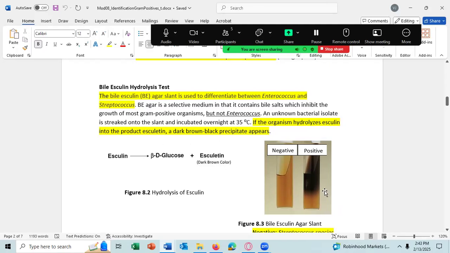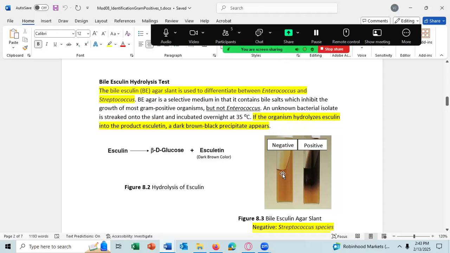If you see dark brown or a very black color in half the tube, then it is positive for the esculin hydrolysis test. If, on the other hand, most of the time it's negative, there's no black precipitate. If there's just a tiny smudge of black, that doesn't count either.